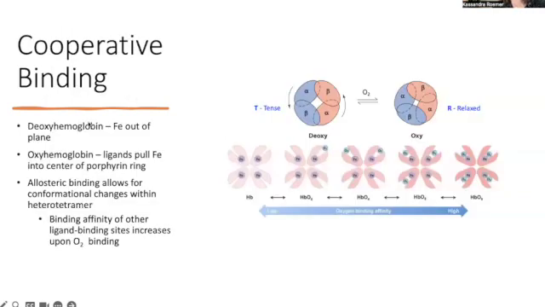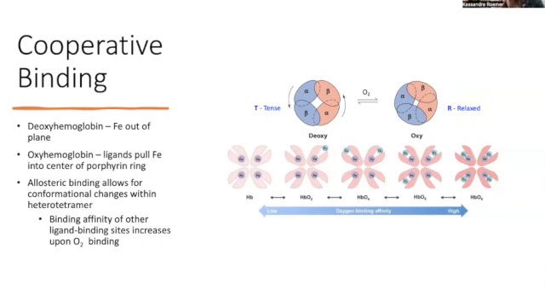So talking about the cooperative binding. Deoxyhemoglobin is in a tense state, and that is because the iron that is bound to the heme group is actually somewhat out of plane, so it is a little bit above the porphyrin ring.